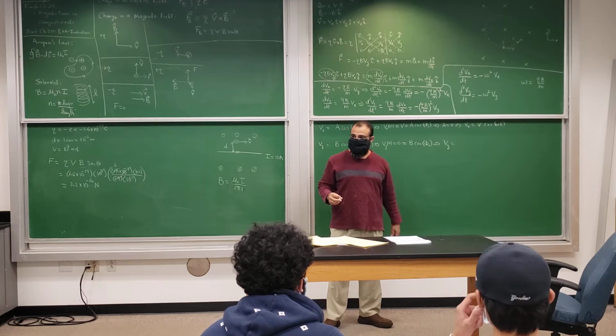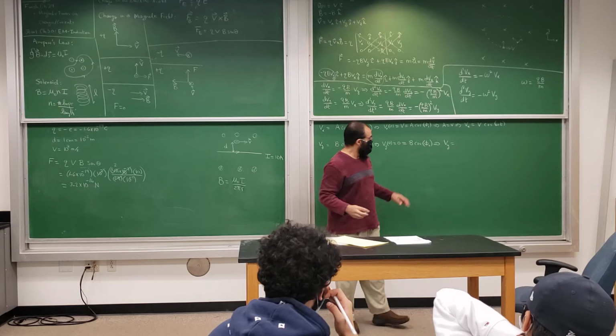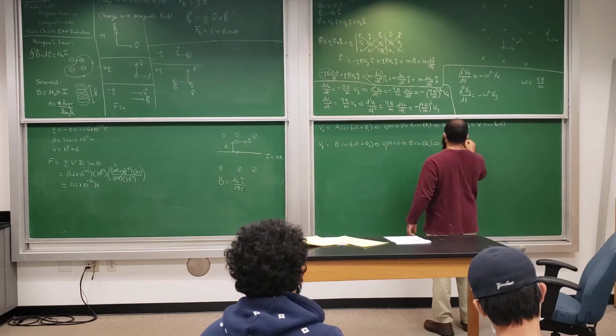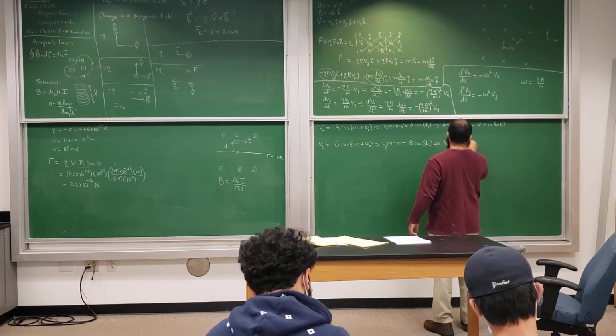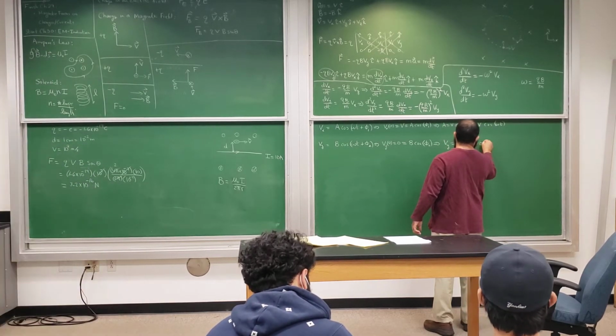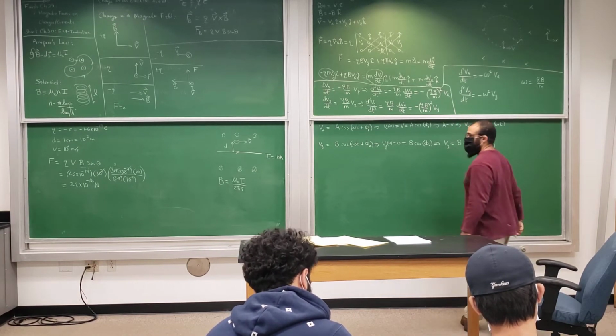Plus or minus pi over 2. So Vy will be b times the cosine of omega t plus or minus pi over 2.